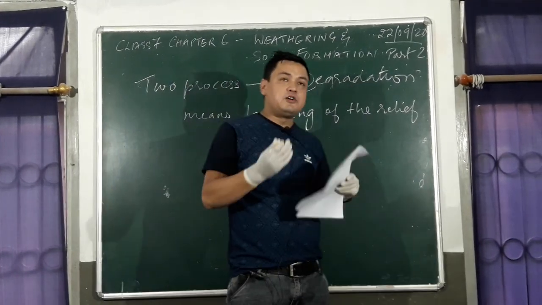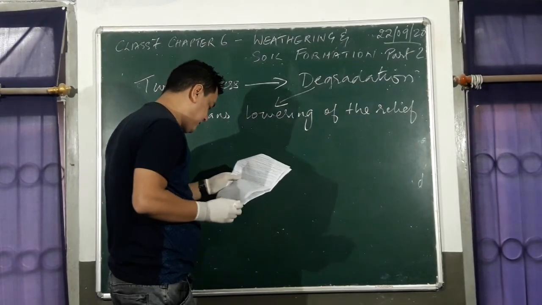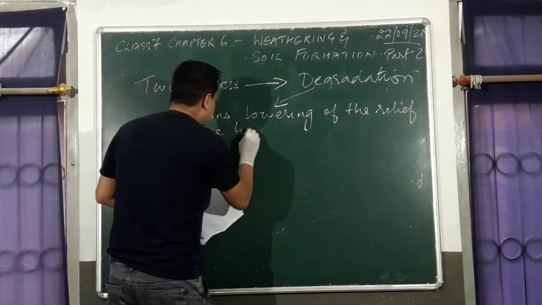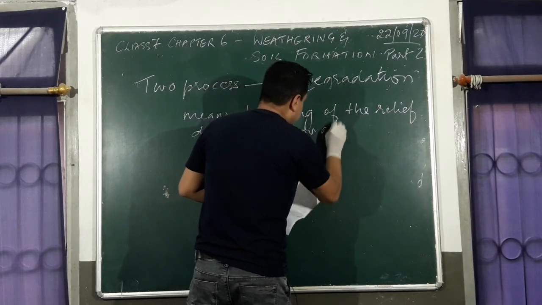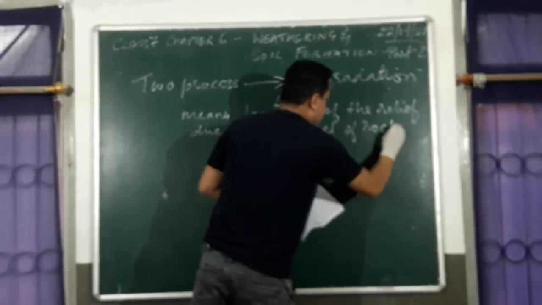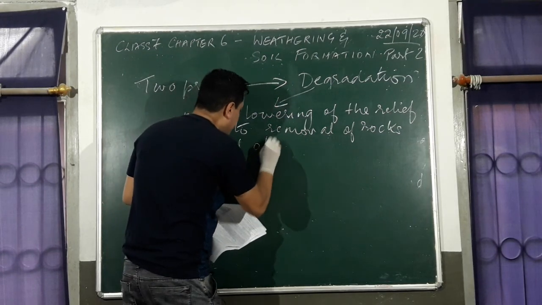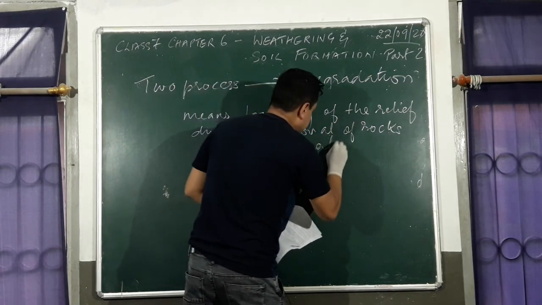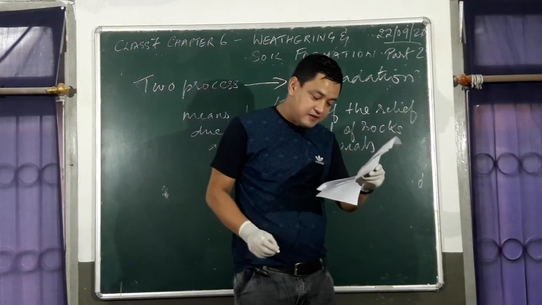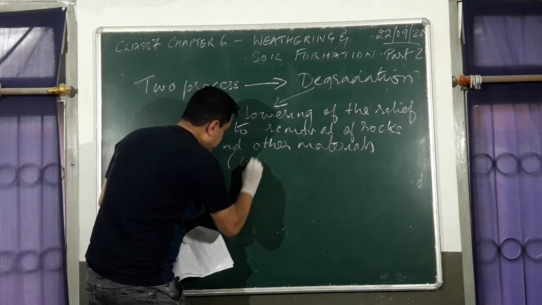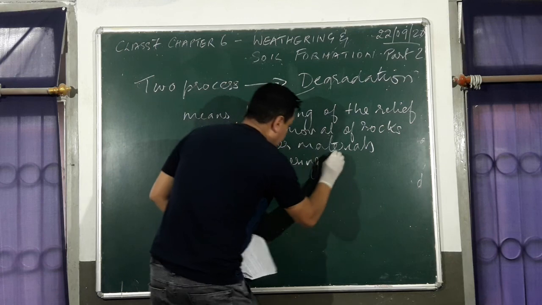The height of the Earth's surface is remodeled by degradation due to removal of rocks and other materials responsible for the formation of land. Which forces are involved in degradation? It is weathering and erosion. Remember that.